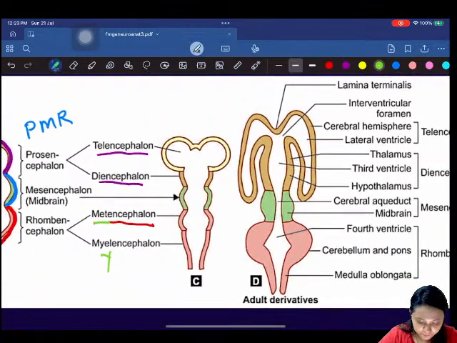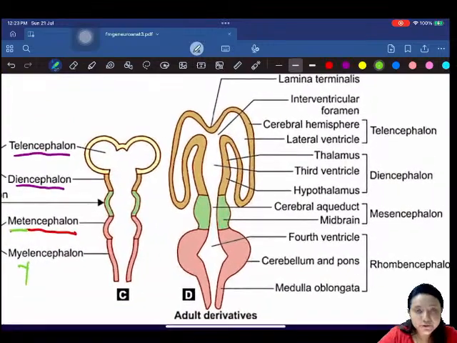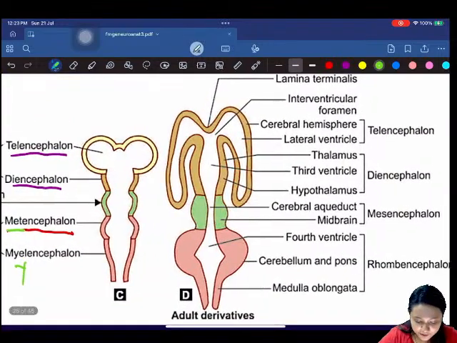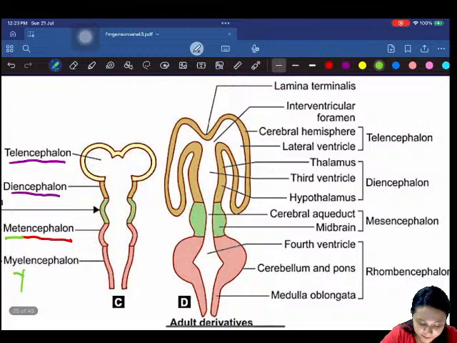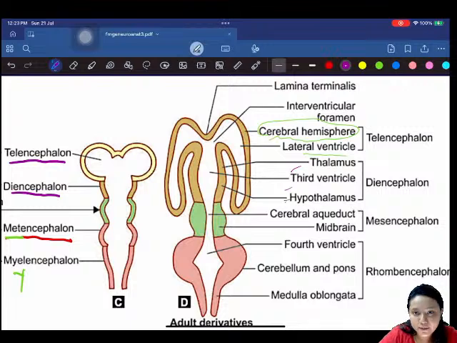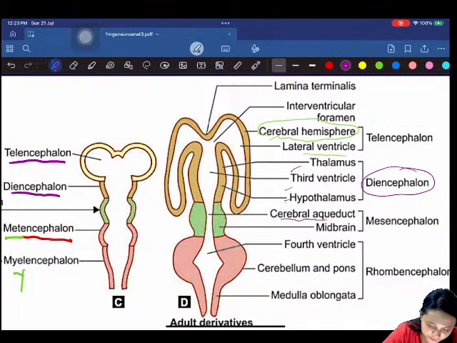Now, from the telencephalon, you have the cerebral hemisphere and the lateral ventricle. And from the diencephalon, you will have the thalamus, the third ventricle and the hypothalamus. In the midbrain, you will have the cavity, that is the cerebral aqueduct, the aqueduct of Sylvius, that is present in the mesencephalon.